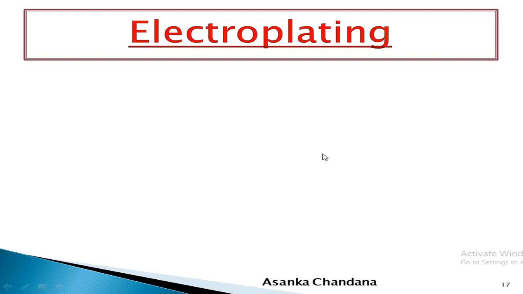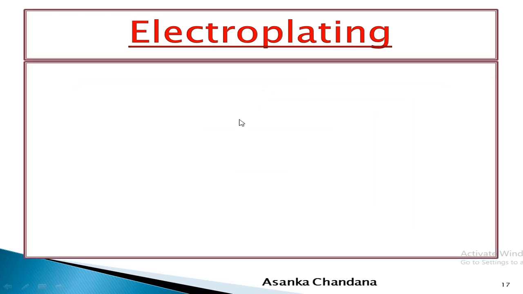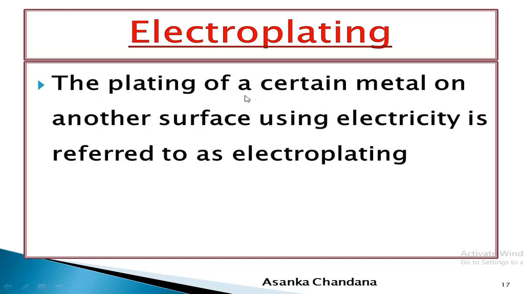Now I have told you what electroplating is. Electroplating means applying, if not coating, one metal on another surface, right?